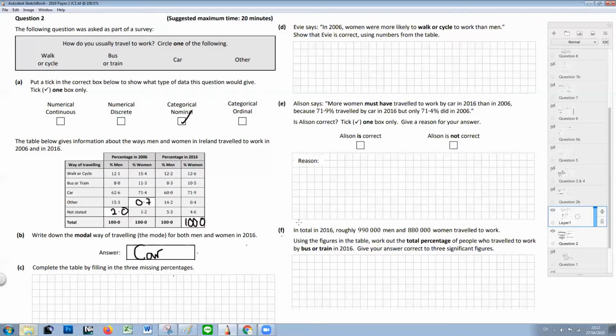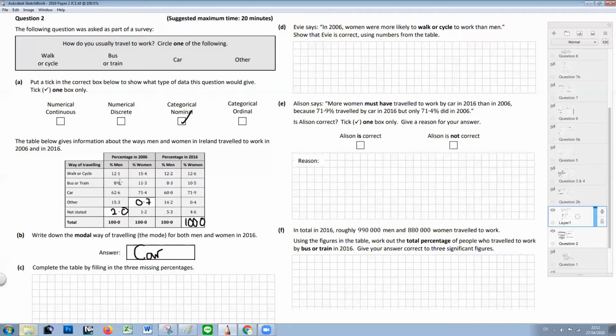And that's your answer. Okay, so the next one says, Evie says in 2006, women were more likely to walk or cycle to work than men. Show that Evie is correct using numbers from the table.